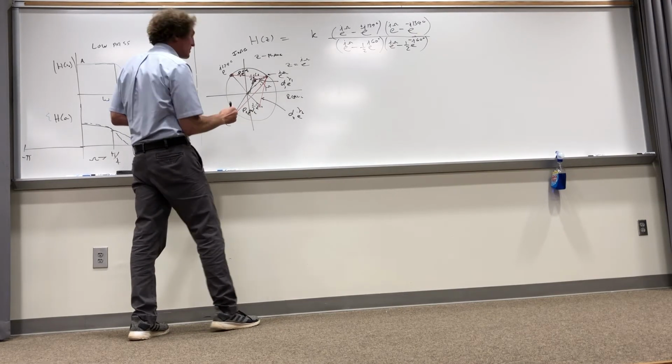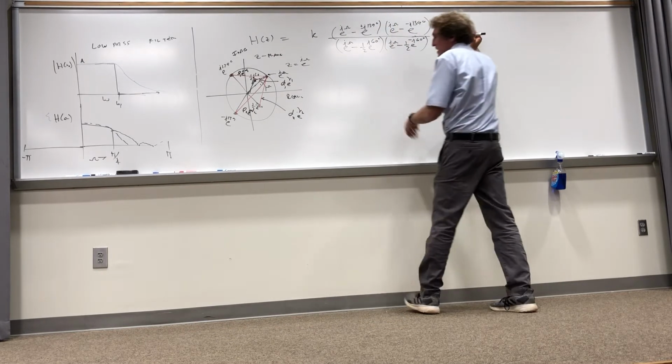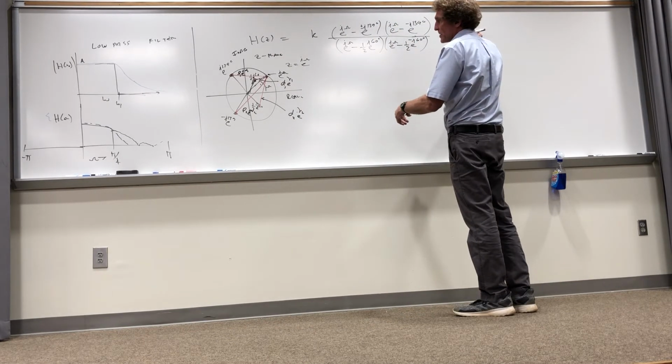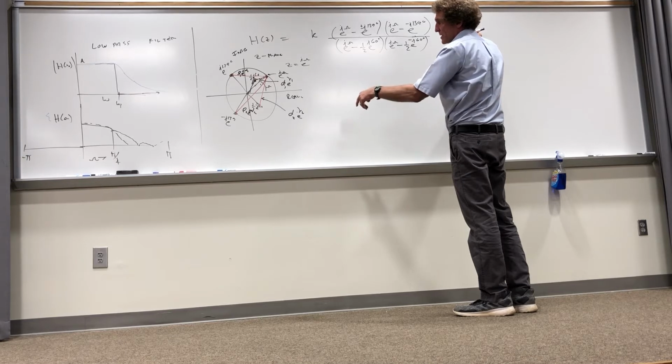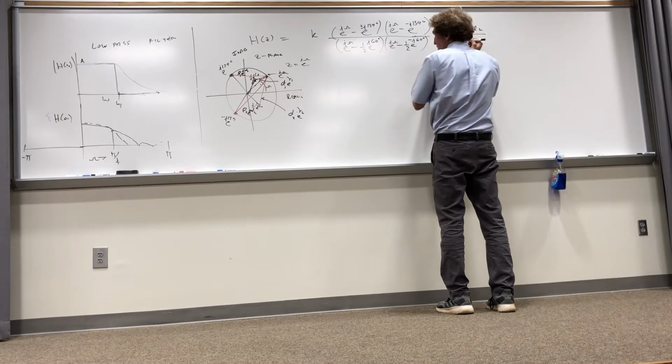Make a long story short, what this looks like is K, and then if I take a look at the zeros at 139 and minus 139 degrees, that's really going to be L1, L2 as the magnitude.